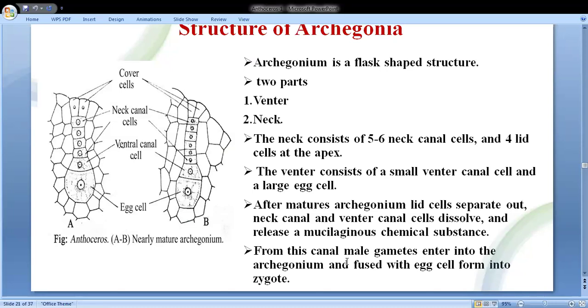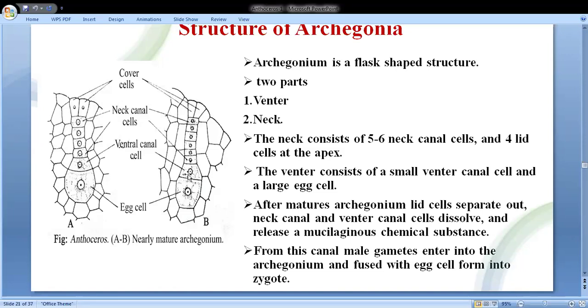Okay. This is a flask-shaped structure. It has two parts, venter and neck. The neck consists of 5 to 6 neck canal cells and 4 lid cells. Lid cells are common, but neck canal cells are 4 in Marchantia and 5 to 6 in Anthoceros. The venter consists of a small venter canal cell and a large egg cell. These two dissolve and form the mucilaginous chemical substance.